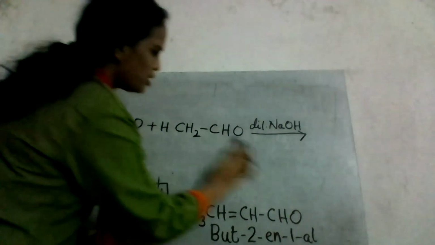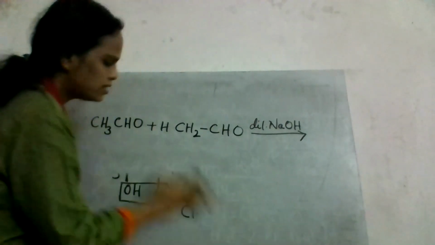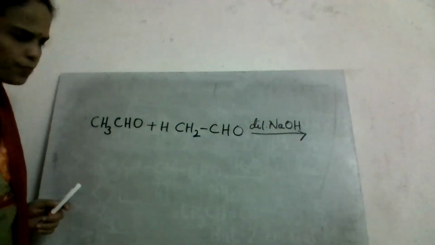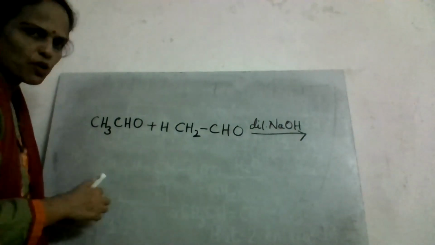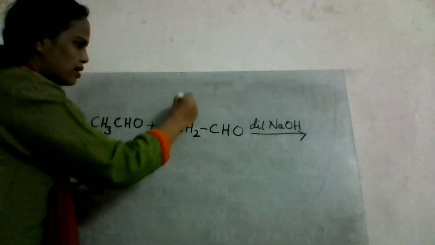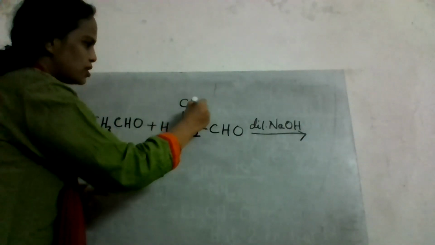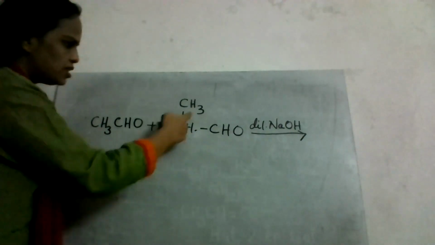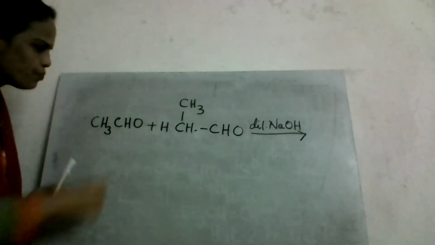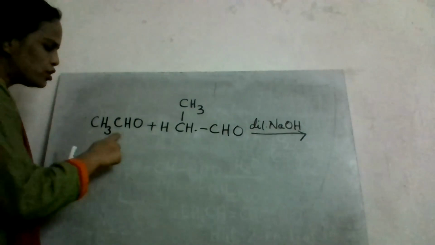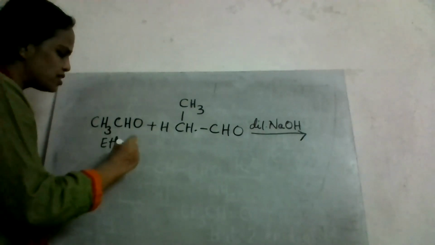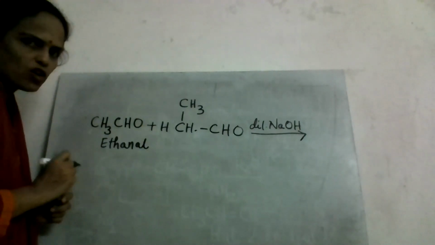So here you see, I write the same equation, but it is cross aldol condensation. This is ethanol, CH3CHO, and this is propanol, CH3CH2CHO. Two same molecules of ethanol, if they react with one another, give self-aldol products.